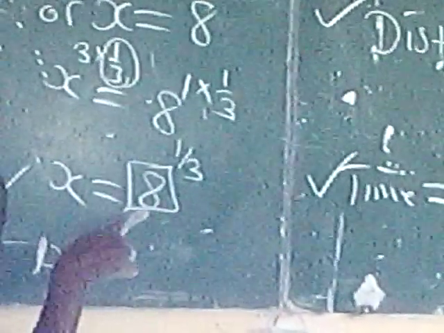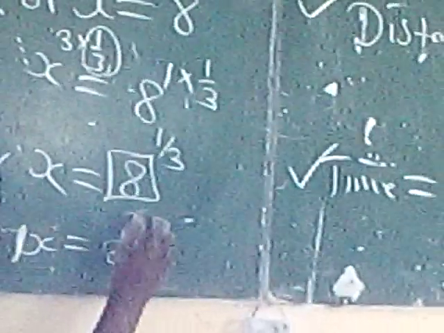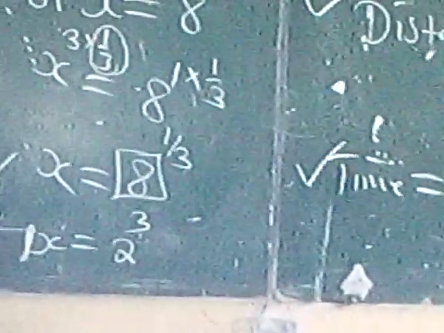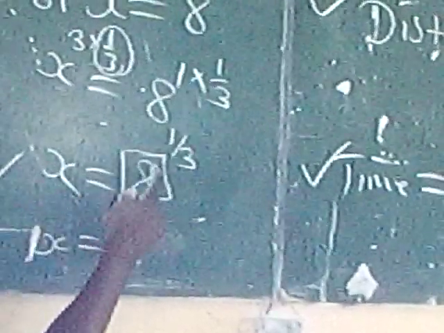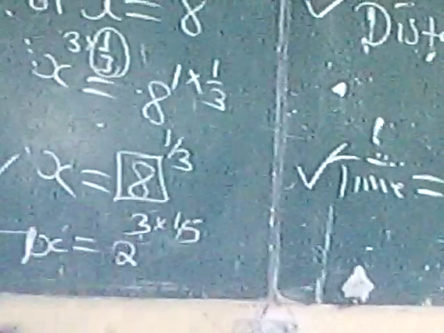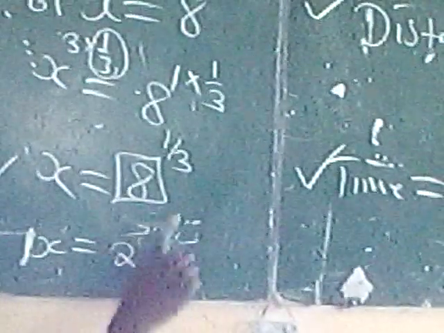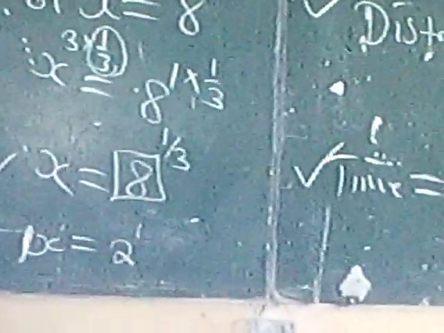So this 8 can be written as 2 to the power 3, because 2 times 2 is 4, times 2 is 8. But we know there's a power and another power here. So this is 3 times 1/3, to give us 1. So you just end up having 2 to the power 1. Therefore, x is equal to 2. That's another one.